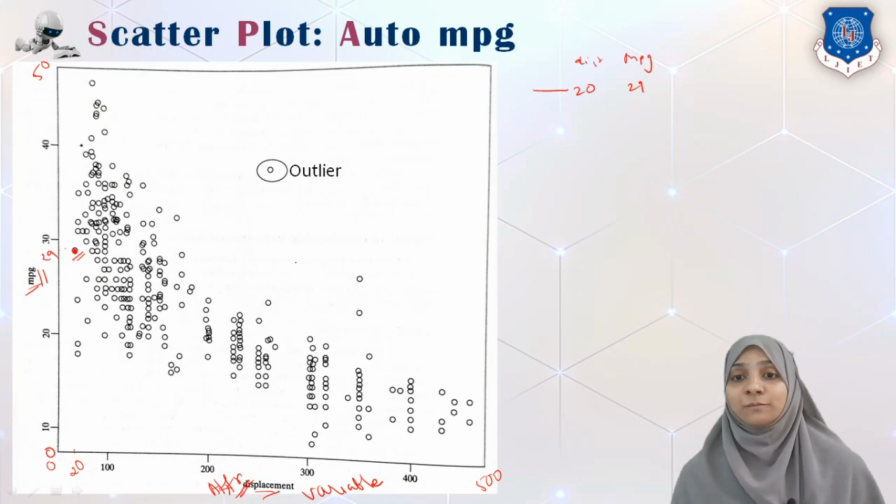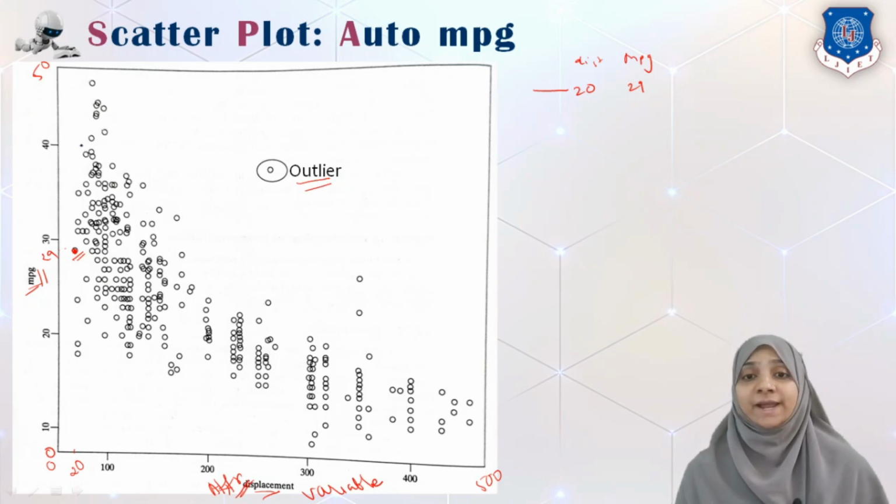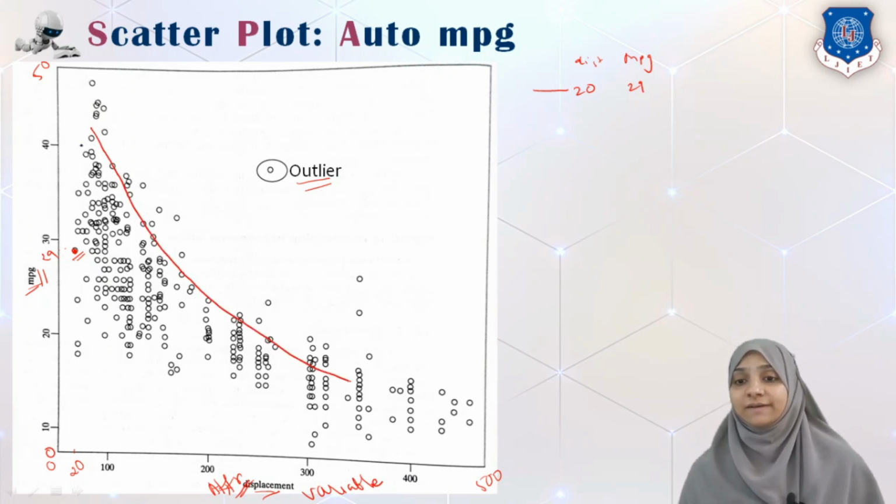Now from a scatter plot, what can you find out? You can find out something called an outlier. Now how to find this outlier? We will try to find the pattern inside this data set.